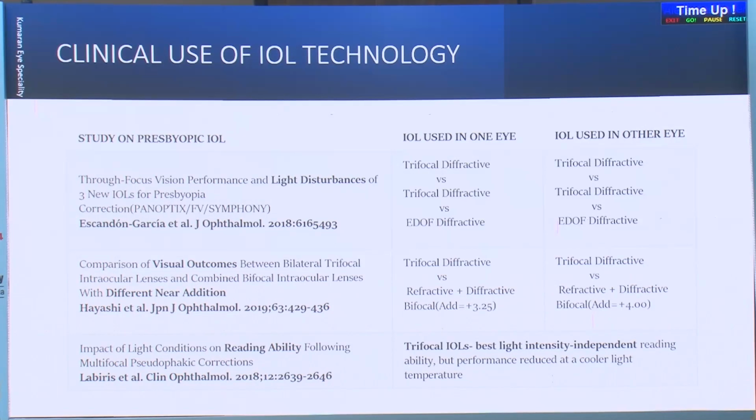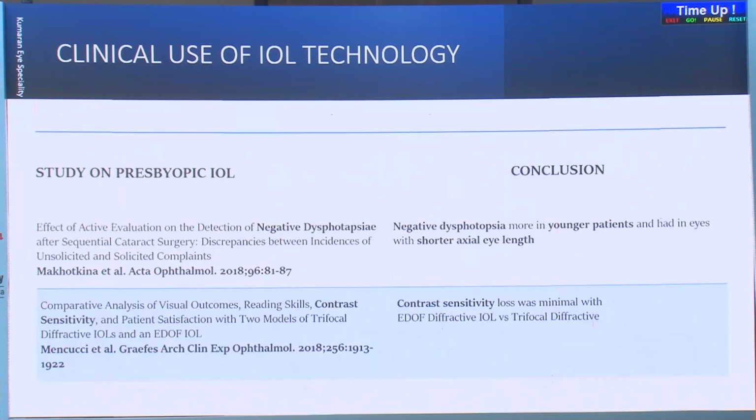Then they looked into the reading ability. The trifocal IOLs did a little bit better than the diffractive IOLs when compared with a 3.25 add. But when they compared this with a 4 diopter add diffractive, the trifocals didn't do well. The diffractive 4 diopter add did much better than the trifocal IOLs.